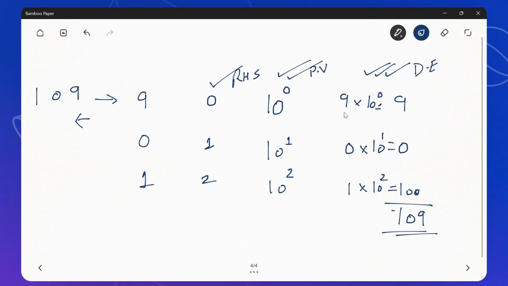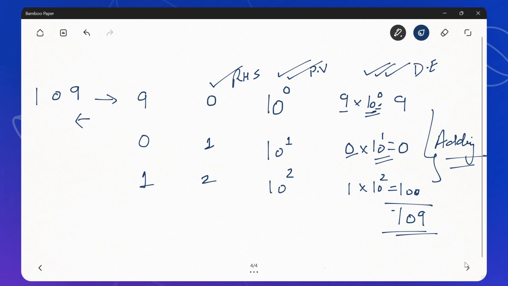The decimal equivalent is calculated by symbol multiplied by positional value, and then adding all these three things gives us the decimal equivalent of the number. So this is the basics of number system, which tells us how a number is made.